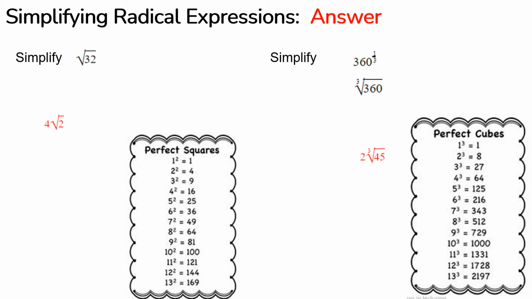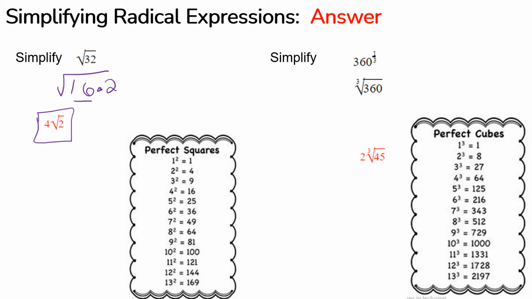All right, so hopefully you got the answers correct here. For the first one, the square root of 32, we could break up the 32 into 16 times 2, and the square root of 16 is 4. So that is my final answer. The second one here is the cube root.